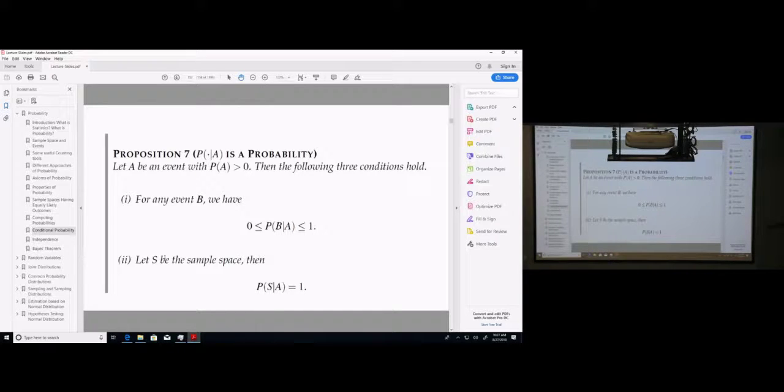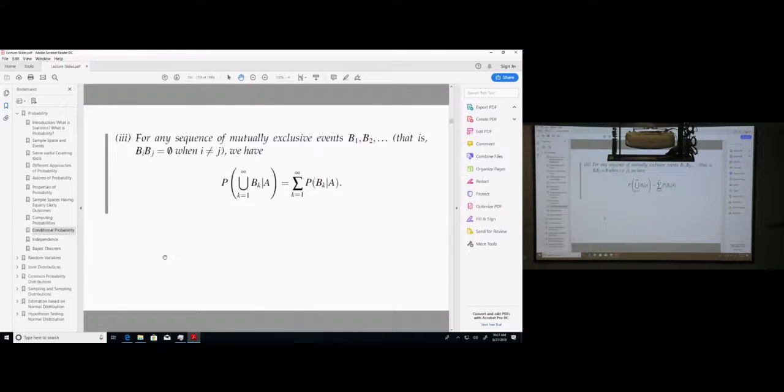So this conditional probability, you think of it as a set function again. The set function is defined on all the other possible events B. And now if S is the sample space, then the conditional probability of S conditioned on A is equal to 1. And then we also have this. Now, if you look at this, this corresponds entirely to the three axioms or the three rules of probability.